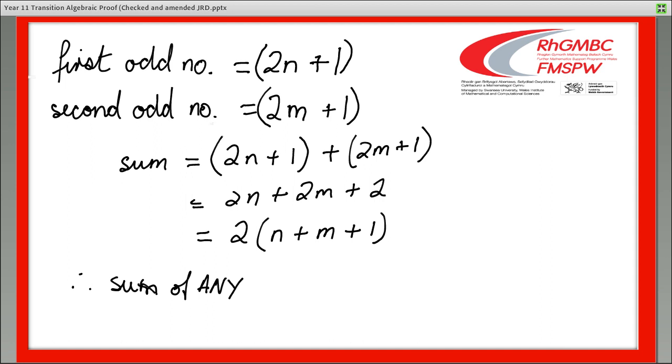So the sum of any two odd numbers, and numbers is abbreviated to NOS, full stop. The sum of any two odd numbers is even.